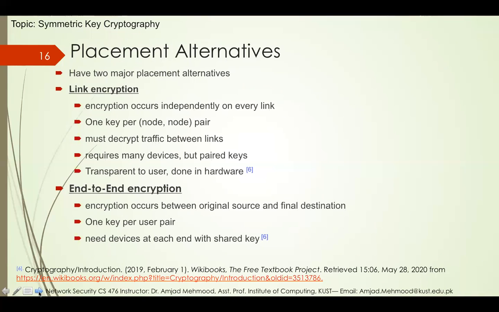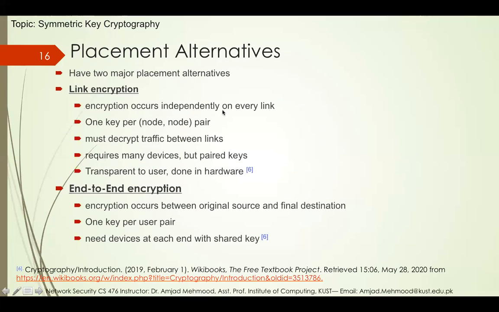First of all, we will study placement alternatives, that is, where and how cryptographic mechanisms are applied over a network. There are two schemes: one is called link encryption, and the other is called end-to-end encryption. In link encryption, encryption occurs independently on every link.